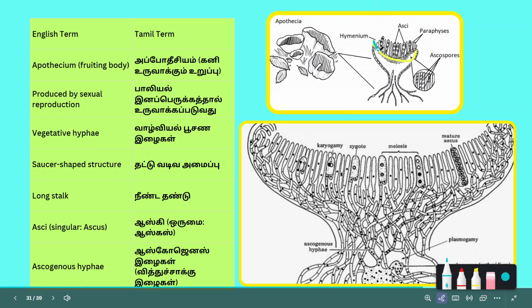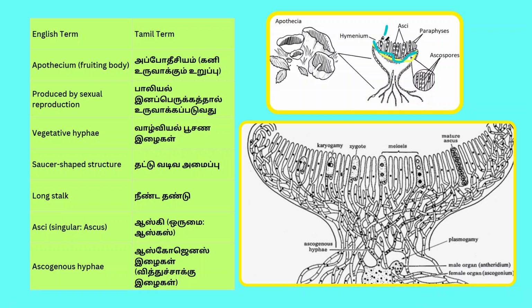This particular layer, the hymenium layer, has many bag-like structures, and a single structure is ascus, and there are many, so we call them asci. And in between these asci, you can see some linear structures. These are the ones referred to as paraphyses.